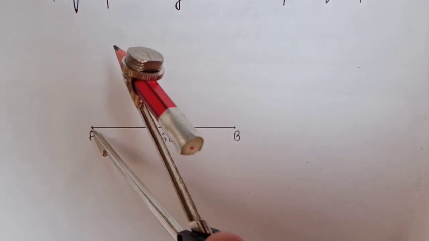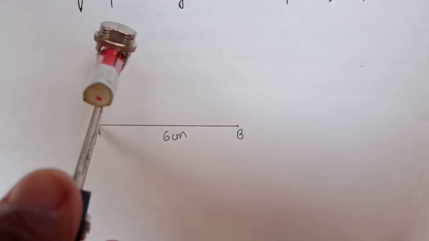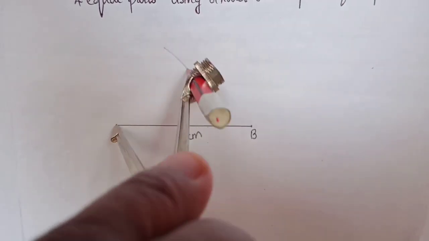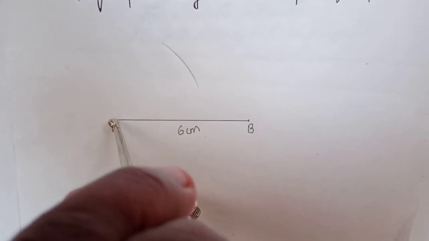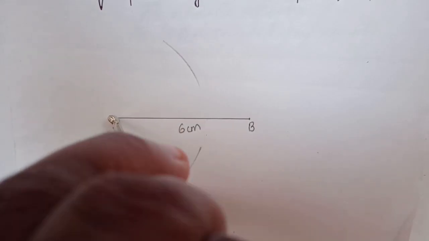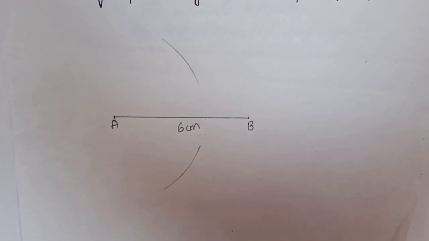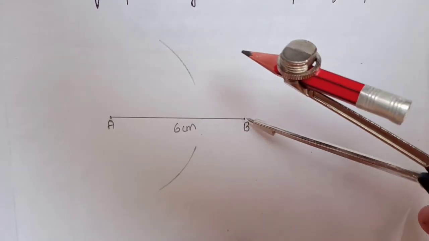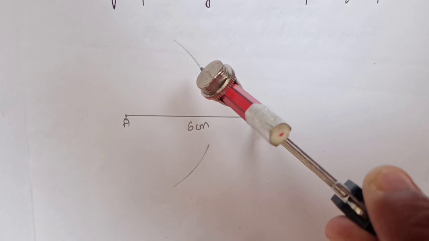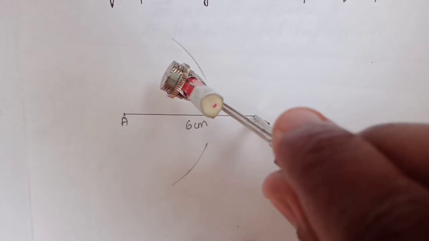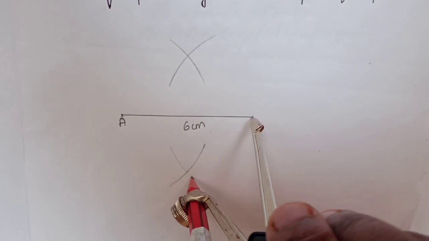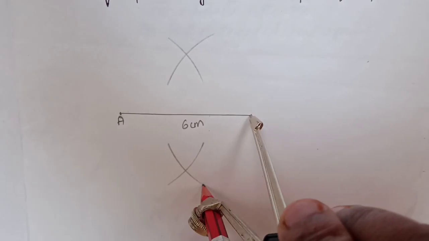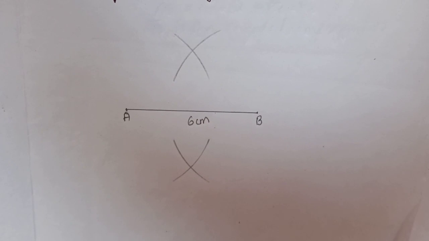By using your compass with A as center, draw two arcs above and below of line AB. Next step is by using the same radius with B as center, draw two more arcs which intersect the previous arcs.